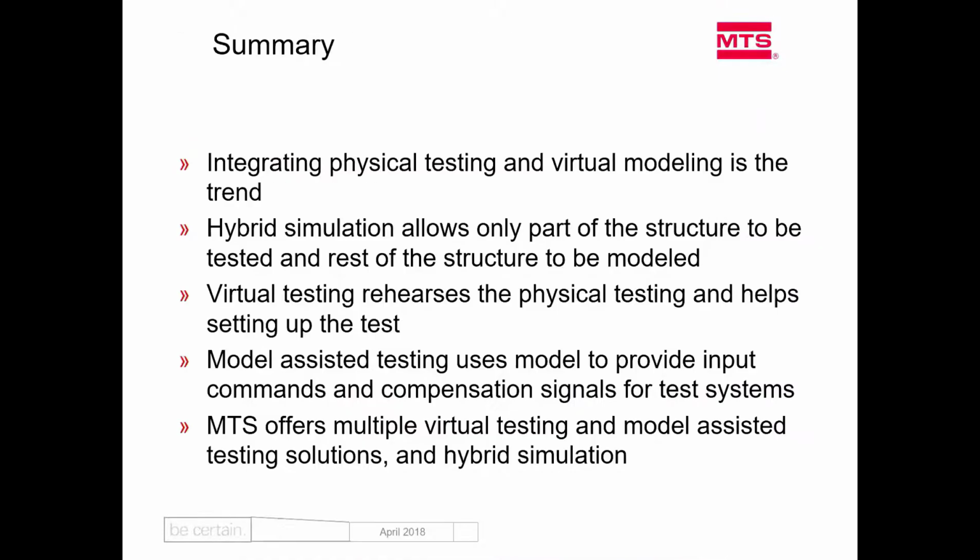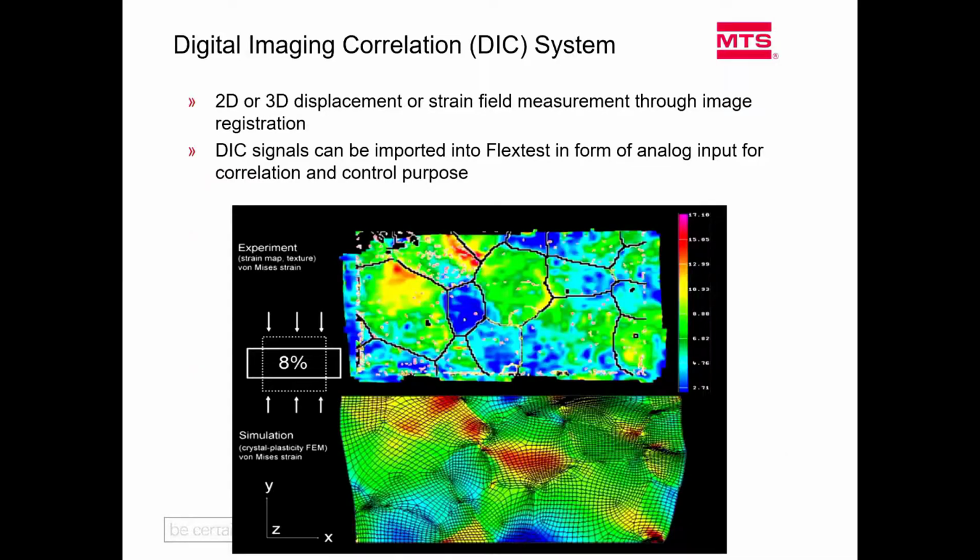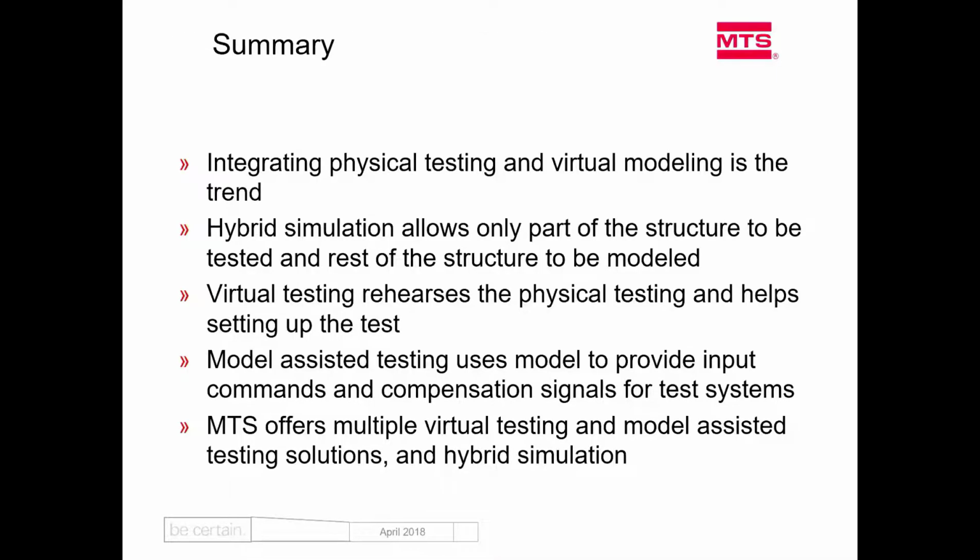For that reason, we are actively working with some DIC system vendors and connecting our controller with the DIC systems to get the signals from the DIC systems directly, so they can be compared with the FEA result. We are actively developing that tool as well.